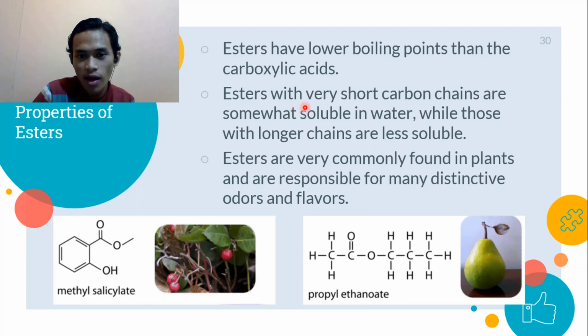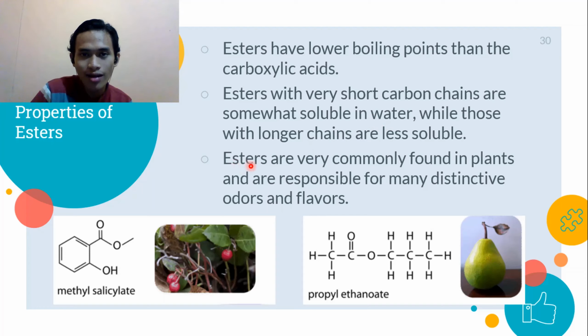So methyl methanoate is soluble in water because that ester has similar traits to water, but a long carbon chain ester is insoluble in water because it has no similar traits to water.